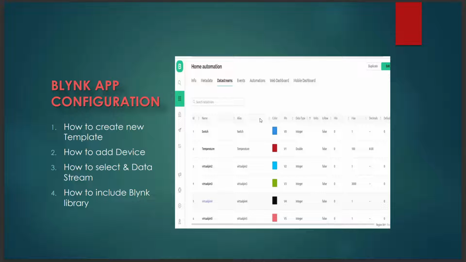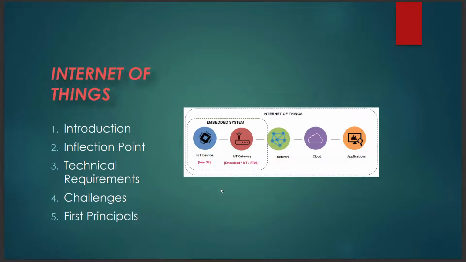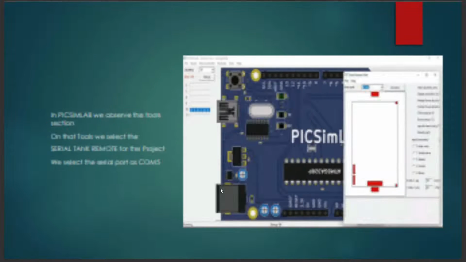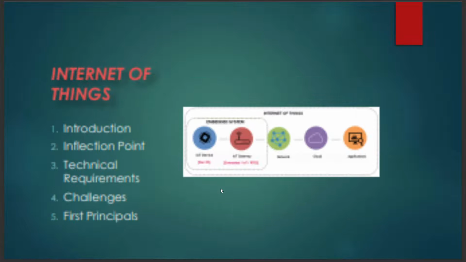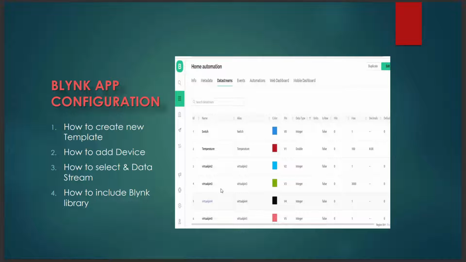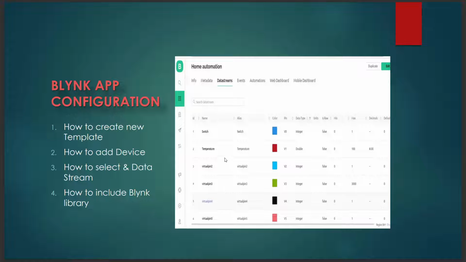The data streams are nothing but here: switch, temperature, virtual pins, etc. See here, the data pins are switch, temperature, virtual pins.